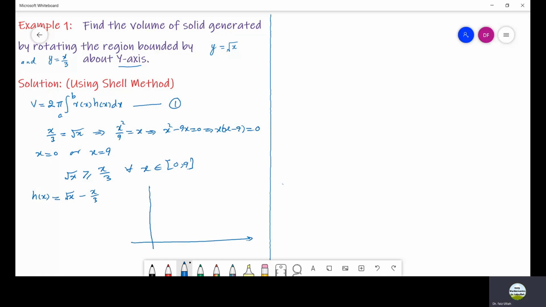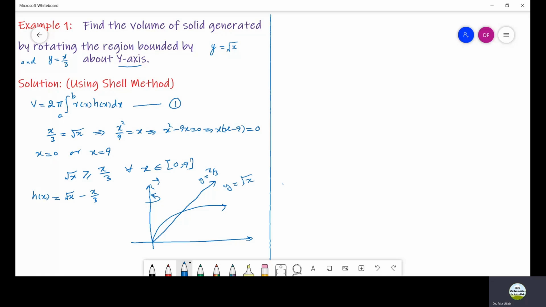So if we draw the graph of the function y is equal to under root x, and then the graph of the function y is equal to x by 3, we have this. Now this is the y-axis and it is the axis of rotation.